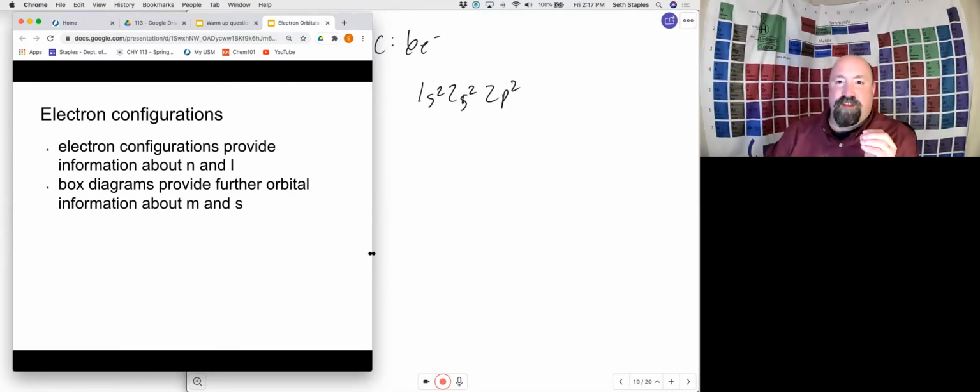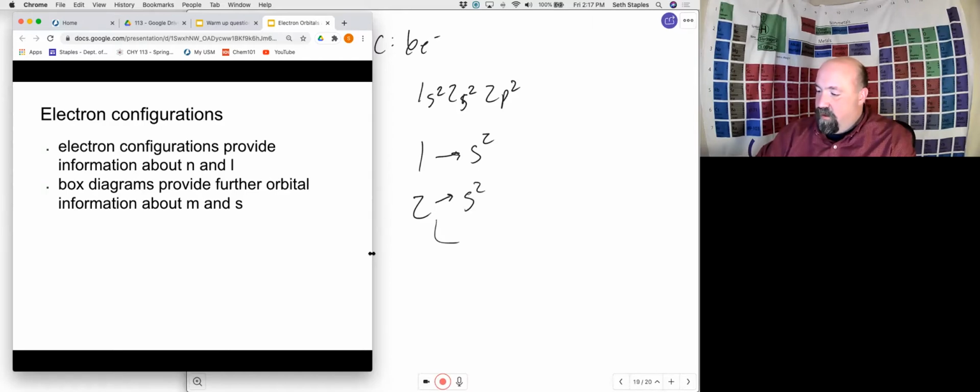So this tells us that for the 6 electrons in carbon, 2 of those are in the first Bohr shell in an s sublevel. 2 of the electrons are in the second Bohr shell in its s sublevel, and 2 of them are in the second Bohr shell in the p sublevel.